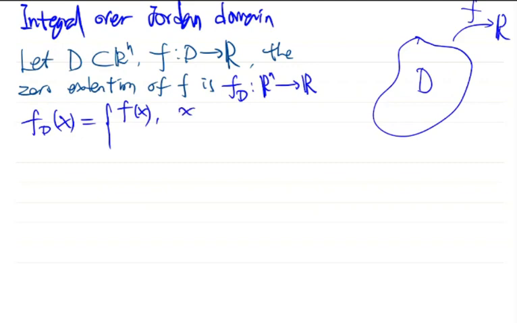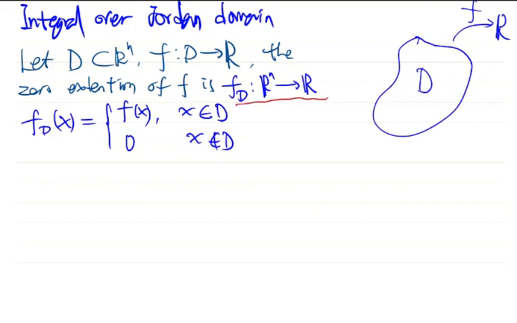Therefore, we let the value of fD at such x to be f(x). And when x is not in D, f(x) makes no sense. But in that case, we define the value of fD at x to be 0. So this is a new function defined over the whole space Rn.